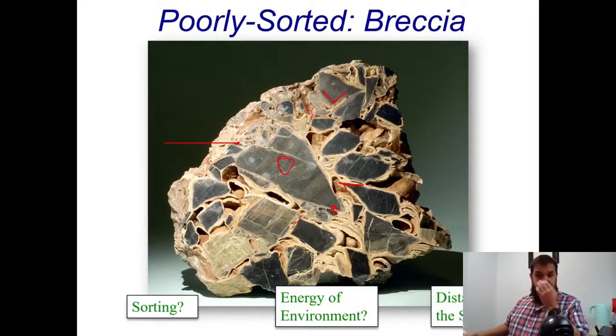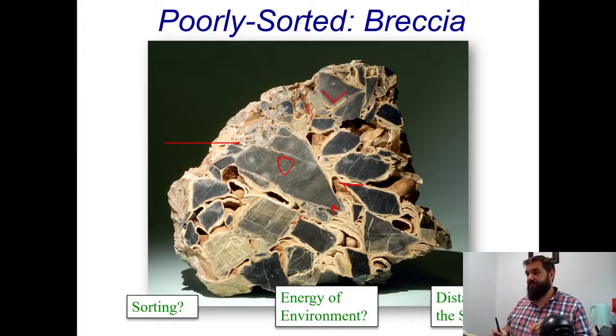What would you say about the distance from the source? Okay. We have high energy, big clasts, poorly sorted. What do you think about the sphericity? Angularity, sphericity. Highly angular, right? What does this all say? What's the takeaway here? This is very close to the source.